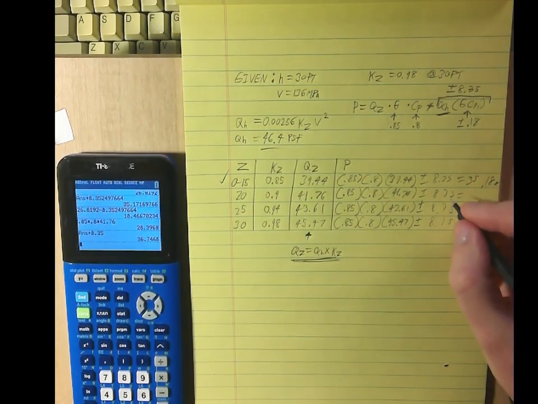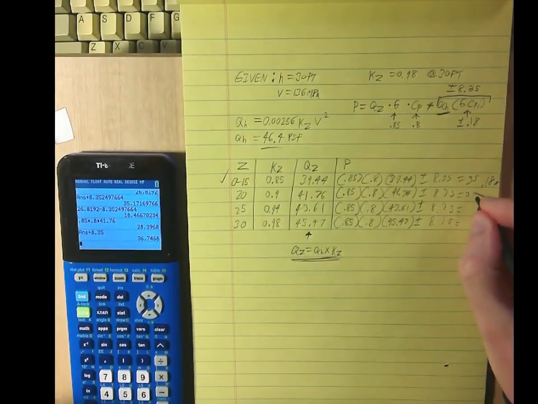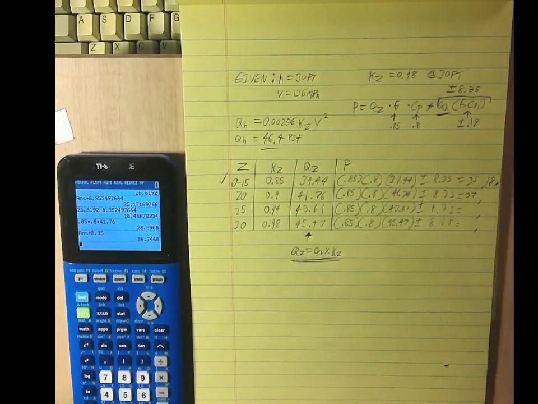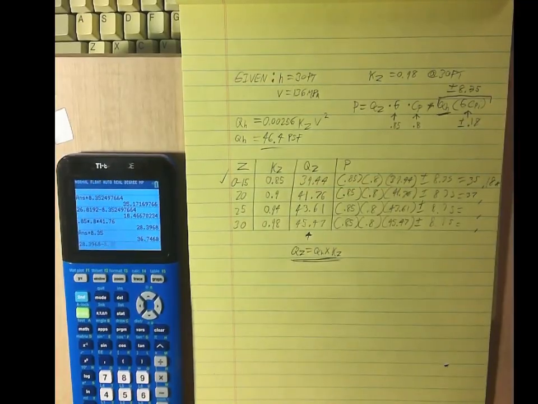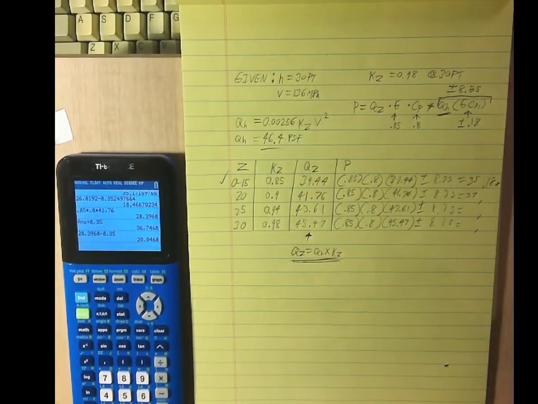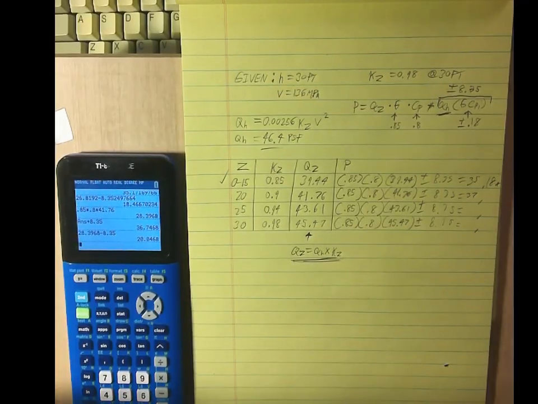Just write this down. About 37. And then this minus 8.35, about 20. Problem 4 maybe? Yeah. About 37 and 20.